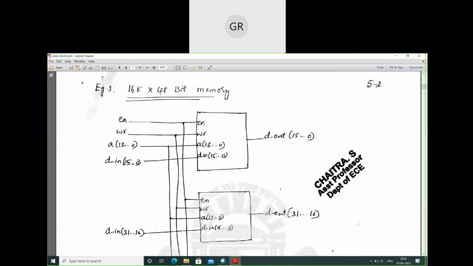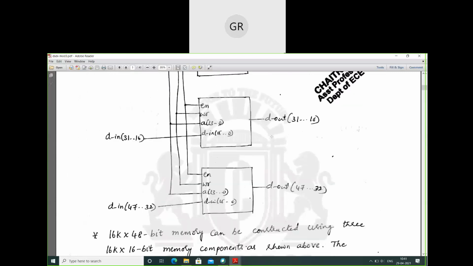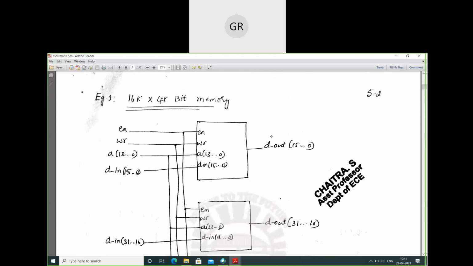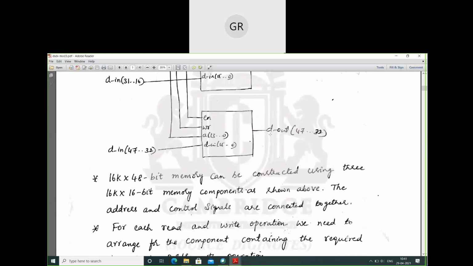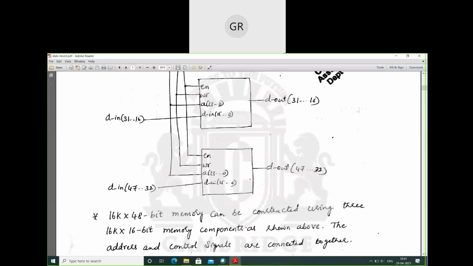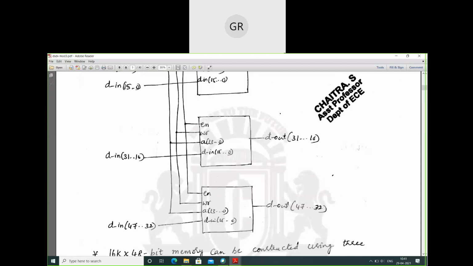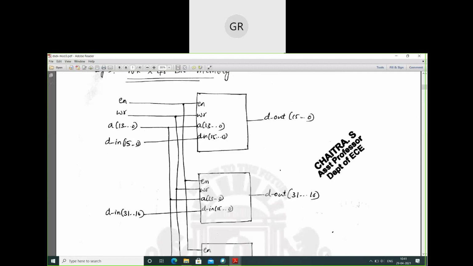Okay, this is a problem. How can we construct the memories? See here, 16K 48 bits. Here we can construct this using 3 memory blocks, each 16K cross 16 bit.